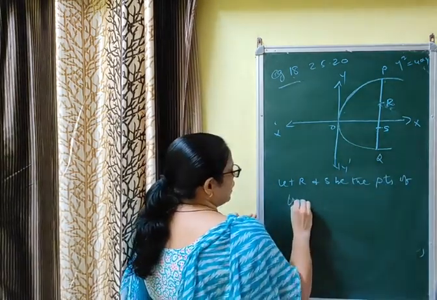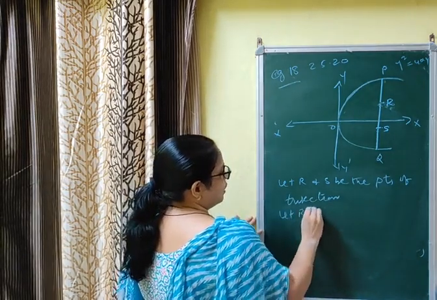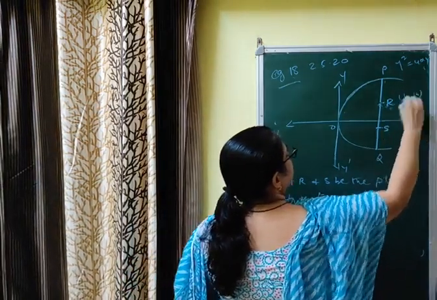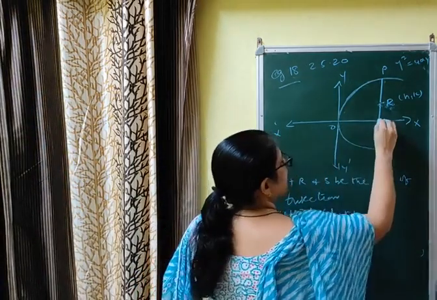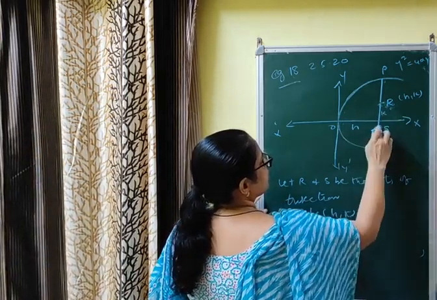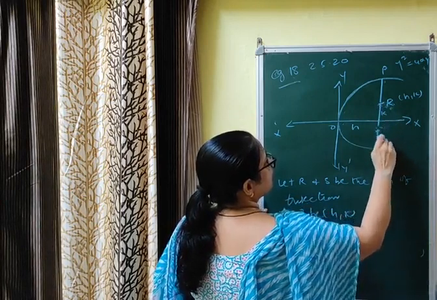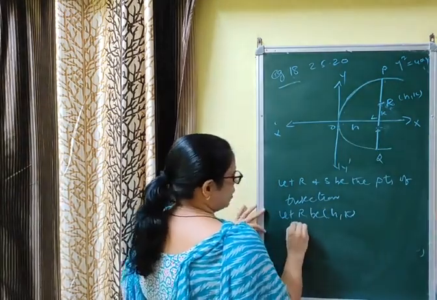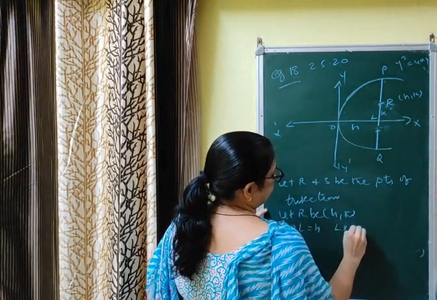Now let the coordinate of R be h, k. For convenience, we are taking the coordinate of R as h, k. That means this distance is h and this distance is k. If you want to give it any name, you can. This point, for convenience, I am taking as L. OL is equal to h and LR is equal to k.